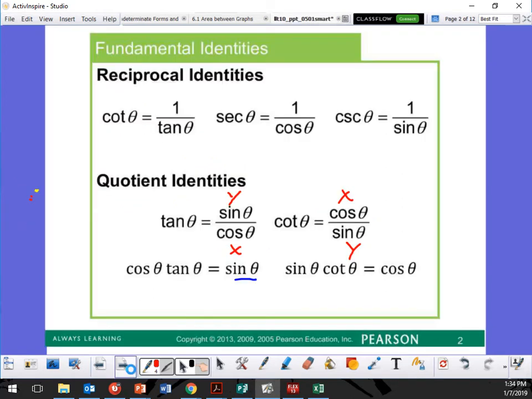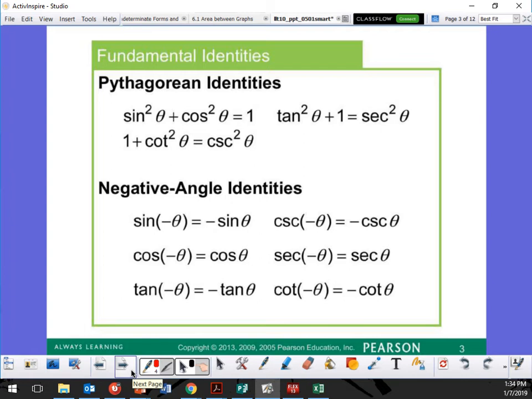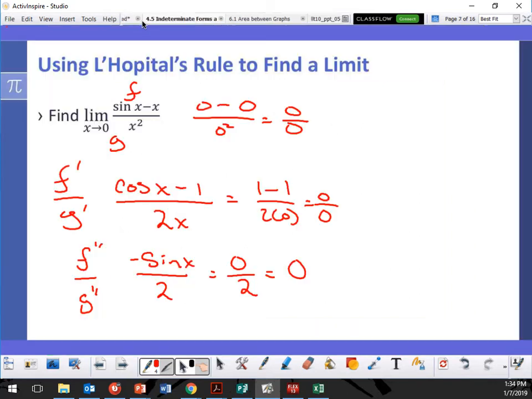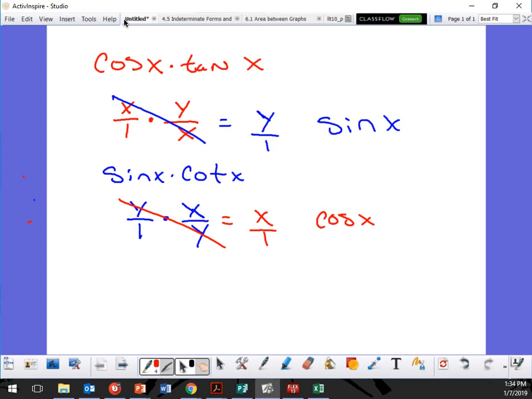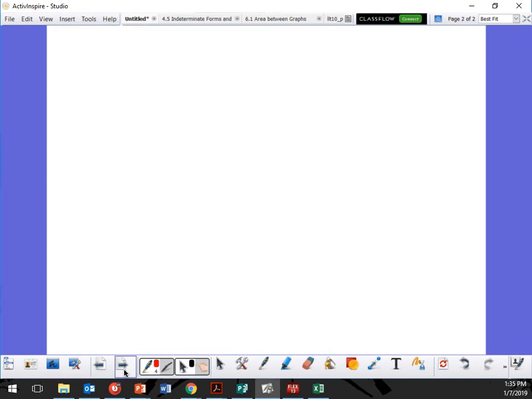All right. Okay, Pythagorean identities. Let's take a look at the Pythagorean identities. The Pythagorean identity is sine squared theta plus cosine squared theta equals 1.